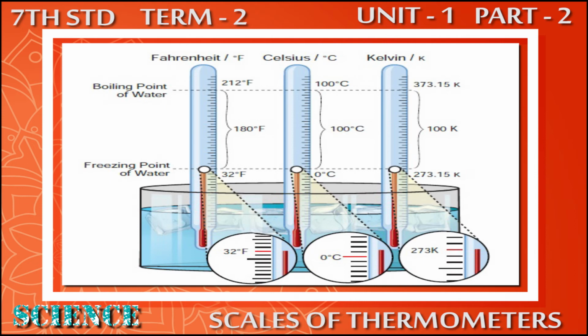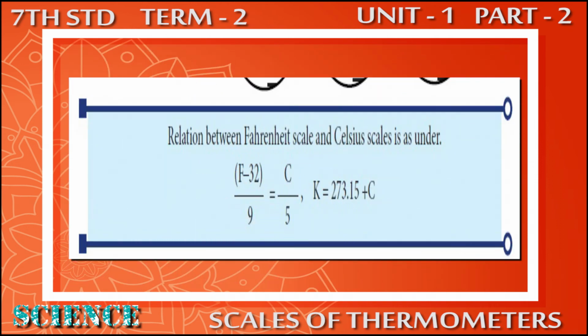Temperature in the Celsius scale can be easily converted to the Fahrenheit and Kelvin scales. So here see the relation between the Fahrenheit scale and the Celsius scale: (F minus 32) divided by 9 is equal to C divided by 5. If a Fahrenheit reading is given, you can convert Fahrenheit into Celsius by using this.